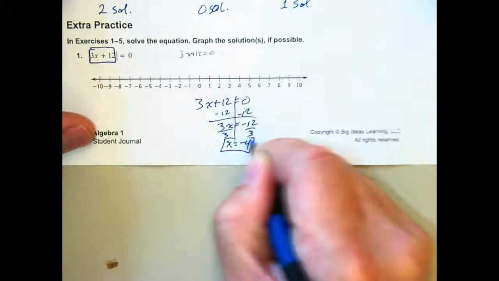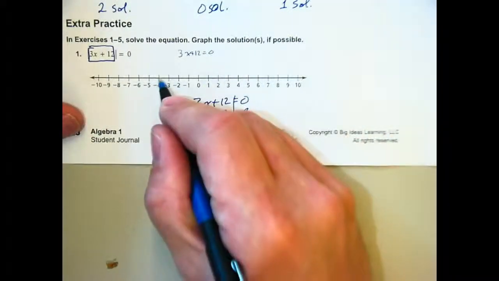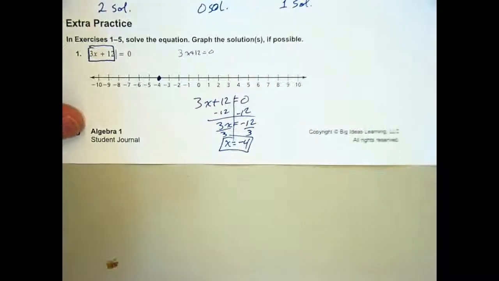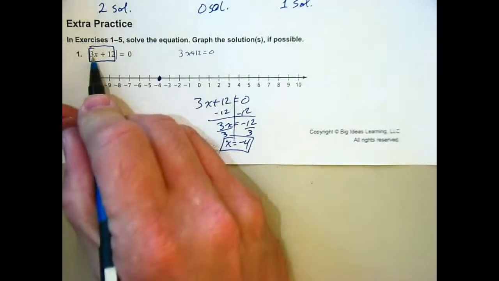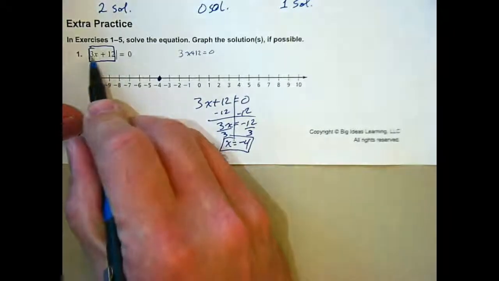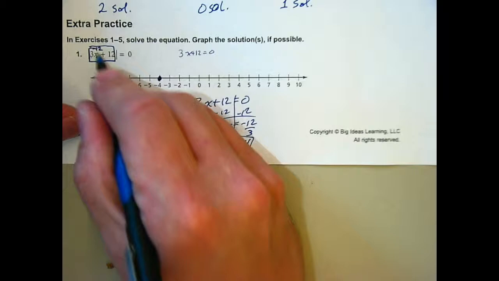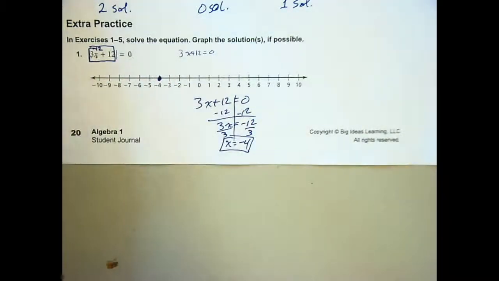That's the only solution. Okay? So if I put negative 4 on a number line, it's right there. If I put negative 4 into this equation, I get 3 times negative 4, which is negative 12, and negative 12 plus 12 is 0, and that's what we want. So that is our solution then.